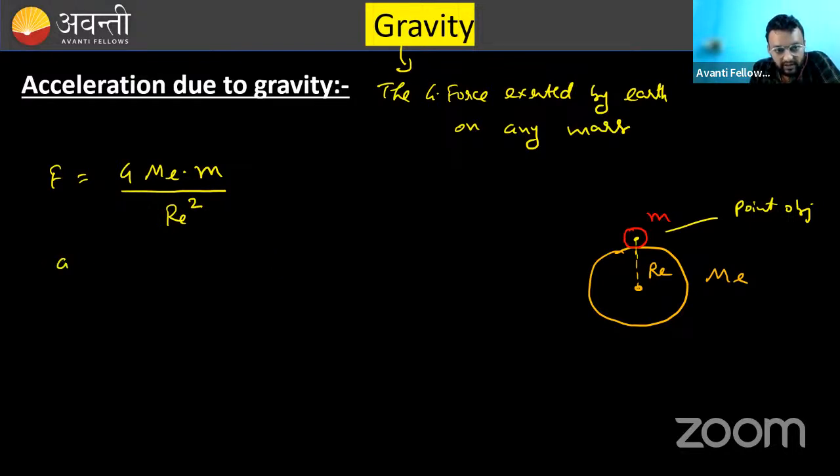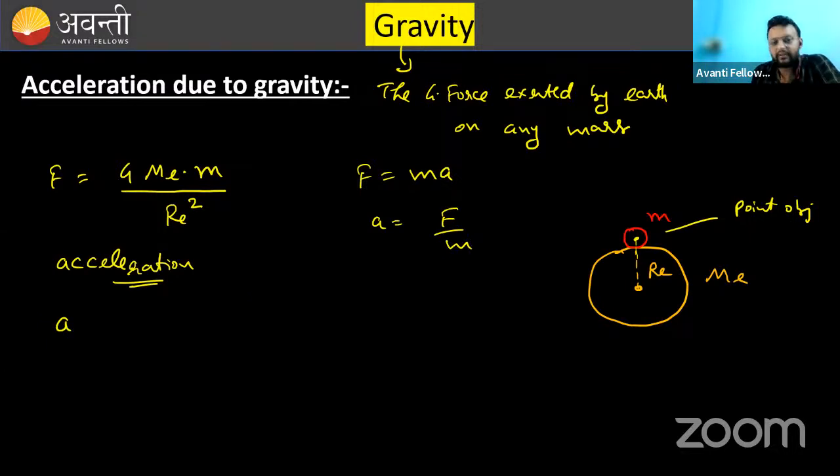Now if I talk about acceleration, from Newton's second law, you know that F is equal to ma. So a is equal to F by m. Acceleration due to gravity, I am writing it a, but you all know that acceleration due to gravity is denoted by g. So can I use this term g? It is nothing but the acceleration.